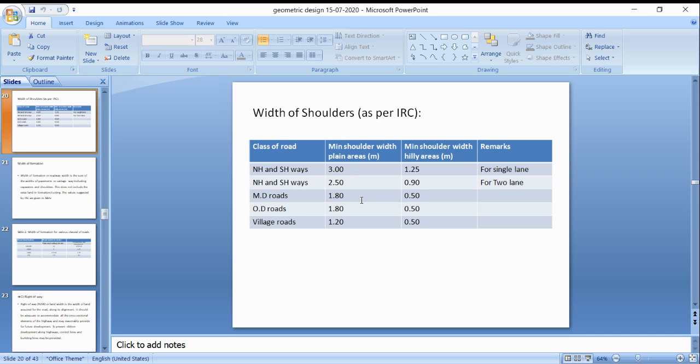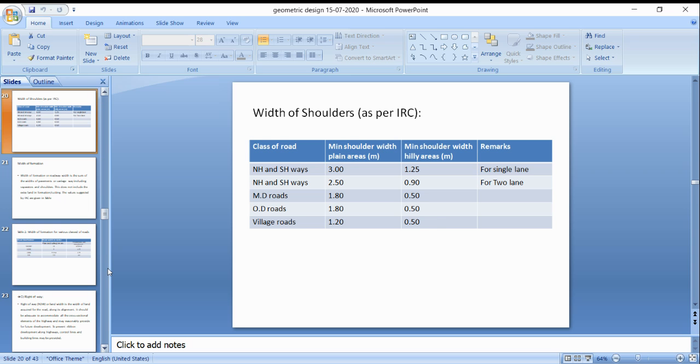For major district roads, the minimum shoulder should be 1.8 meters, and for hilly areas 0.5 meters. For other district roads we should have 1.8 meters, and for hilly areas 0.5 meters. So other district and major district roads are both the same. In the case of village roads, in plain areas it is 1.2 meters, but in hilly areas it is the same 0.5 meters.